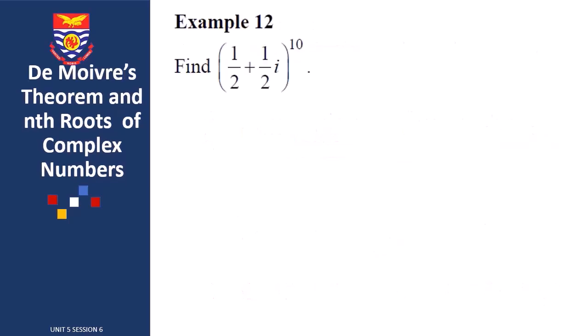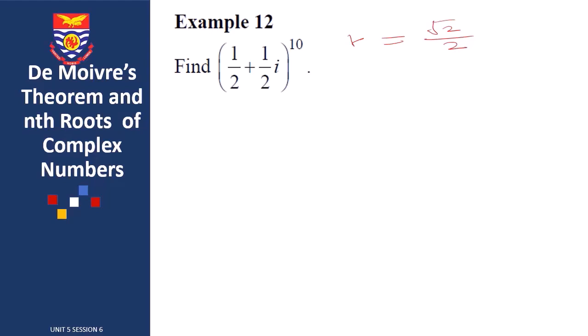So we look at example 12. We want to find (1/2 + 1/2 i) to the power 10. So what do we do from here? In the first place, we find the r. Don't forget, square root of (1/2) squared plus (1/2) squared. You get square root of 2 divided by 2. Also, you can find our argument.